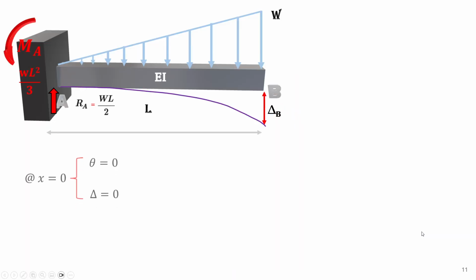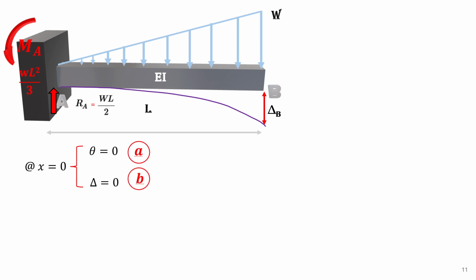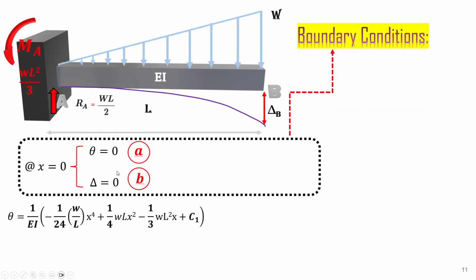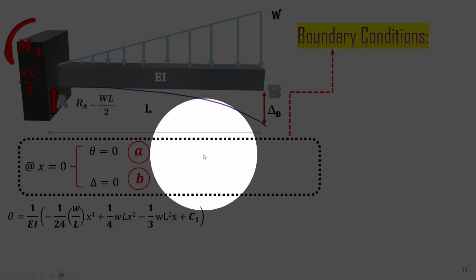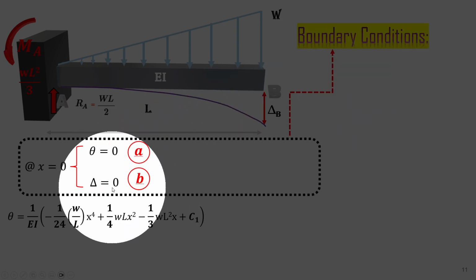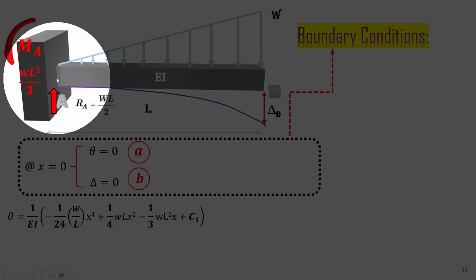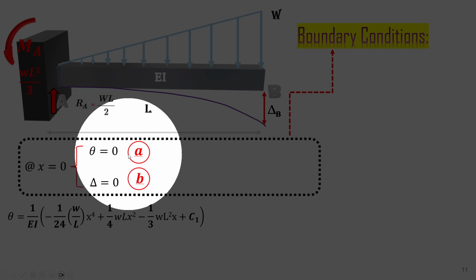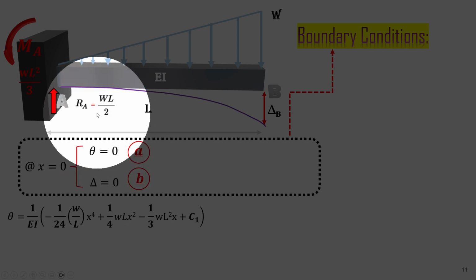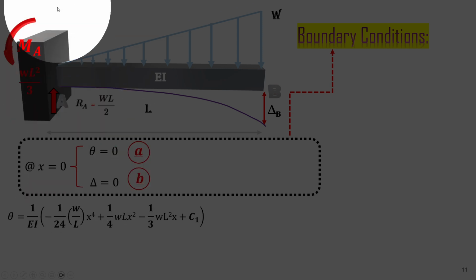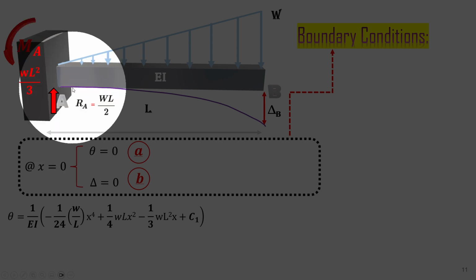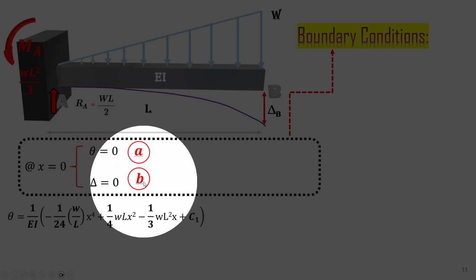When we have the moment equation parametrically, we can jump down to the boundary conditions. At x equal to 0, theta is 0, which is our first boundary condition. At x equal to 0, at the fixed support, there is no rotation, so theta is 0, and there is no up and down movement, no sway, so delta is 0 as well.